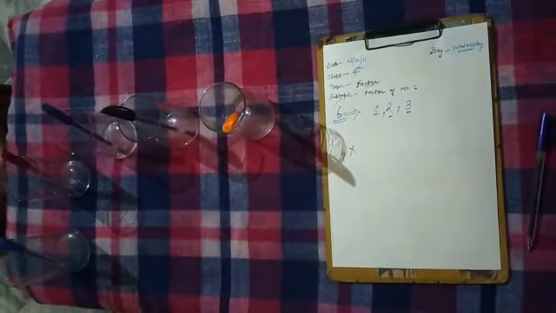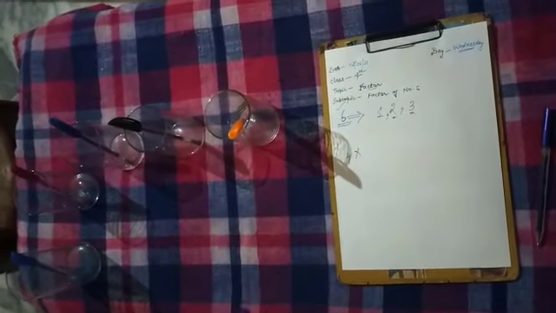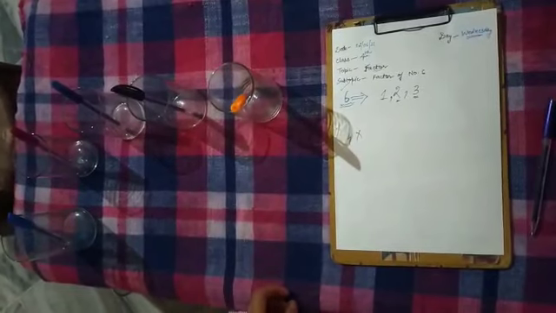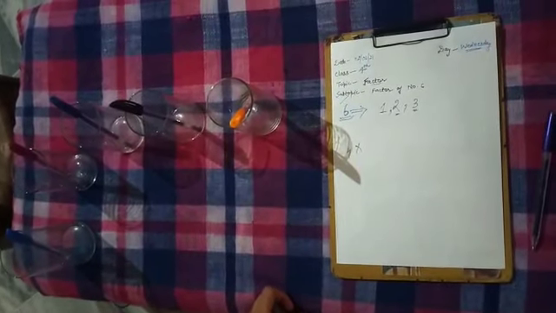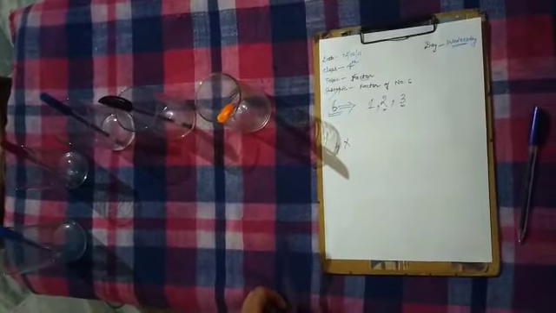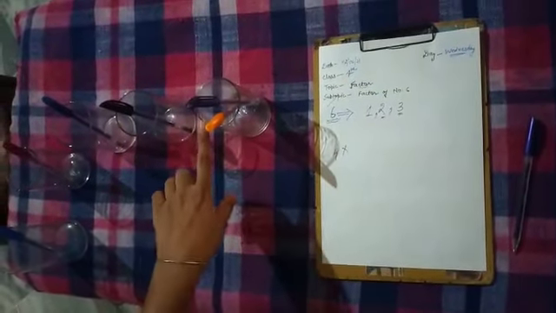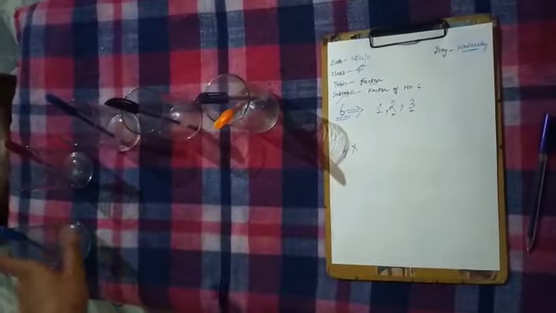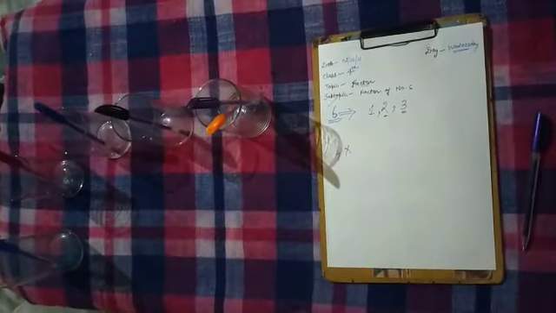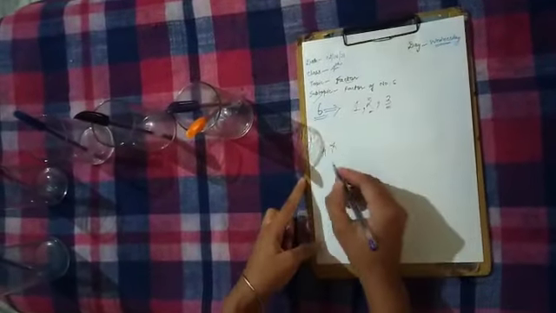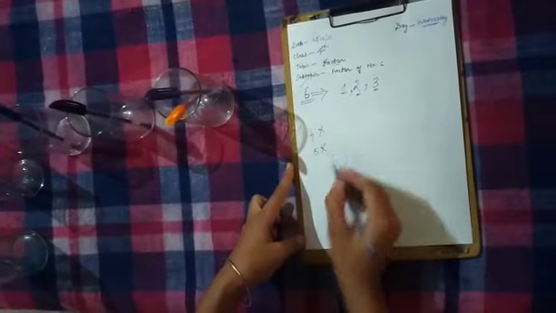Now students, see, we have divided 5 pens and 1 pen is left. If I put that pen in any glass, there will be 2 pens in it while the others have one. So we can't divide 6 into 5 glasses equally. So 5 is also not a factor of 6.